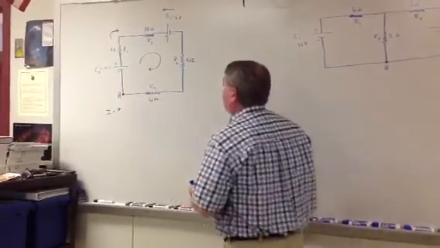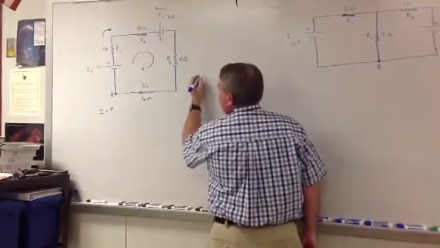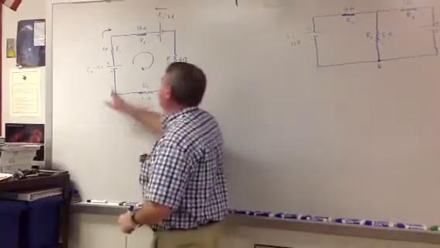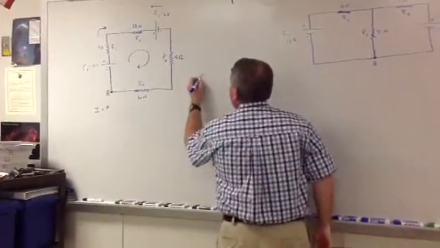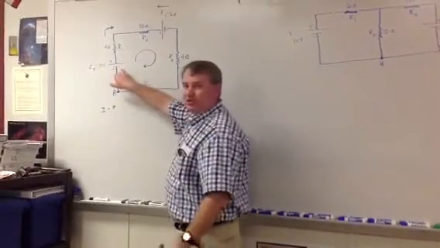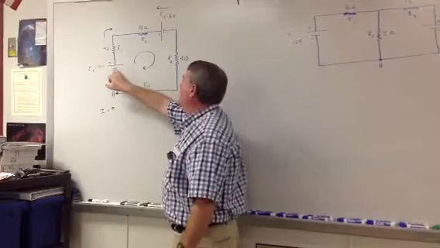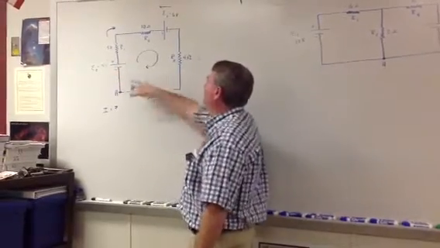Now, we're going to start at point A, and go around the circuit and derive the equation. Starting from here, we cross the EMF in the direction of the current produced by the EMF, so that's going to be a positive E2. The first loop rule: if you cross a voltage source in the direction of the current produced by the voltage source, it's going to be a positive EMF.